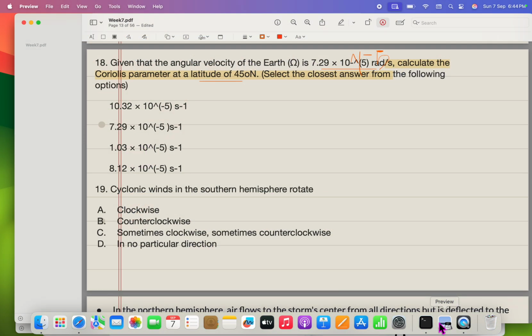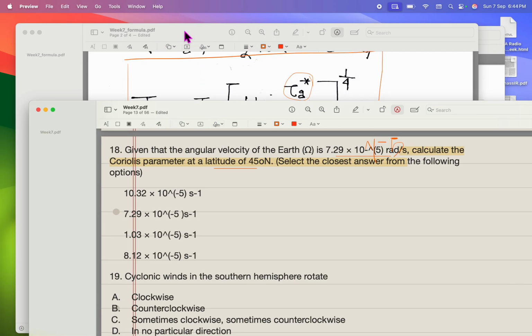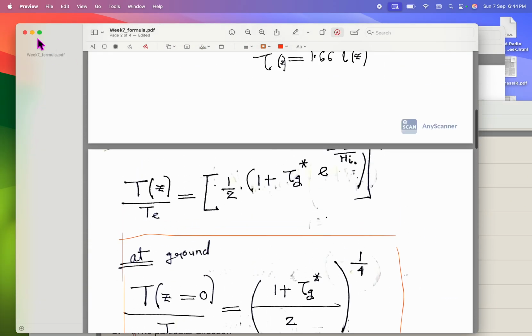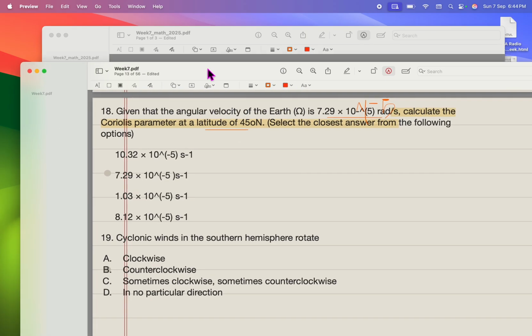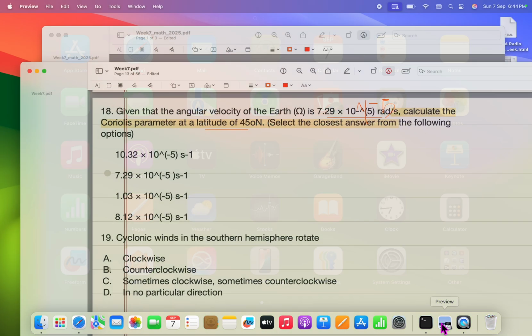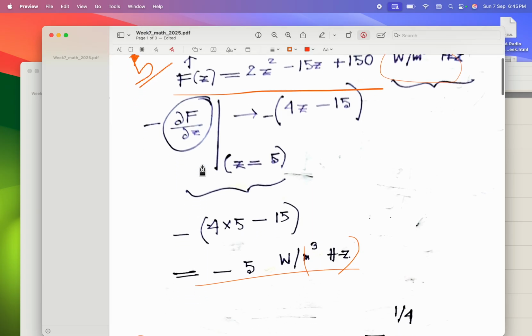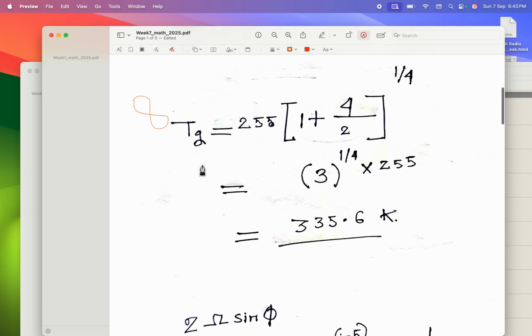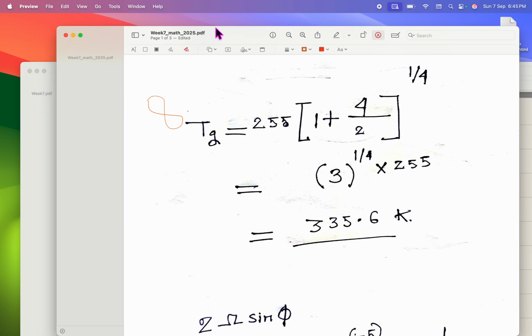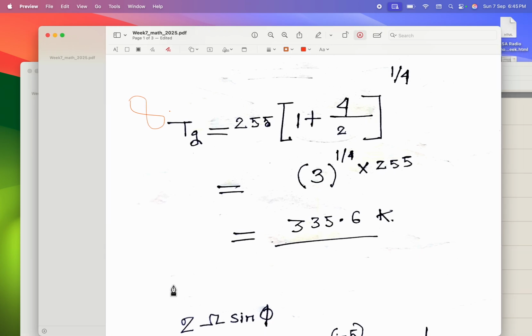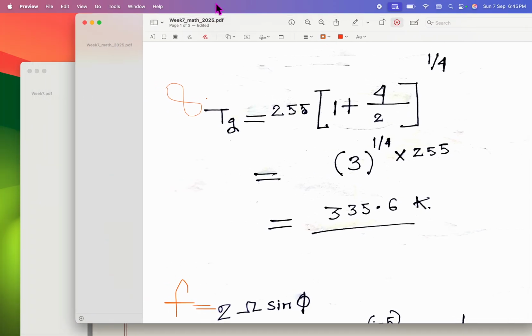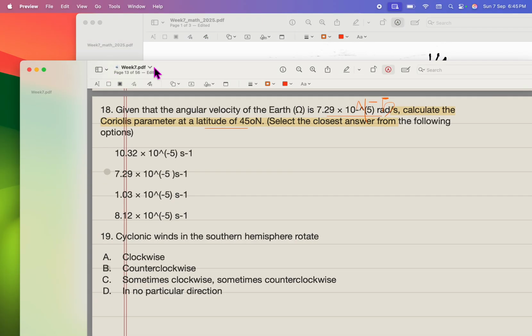Today we will cover only the math part. I will give you the definition, and you derive from the definition itself. That is, 2 omega sine phi is f, the Coriolis parameter. What will be the Coriolis parameter at latitude of 45 degree?